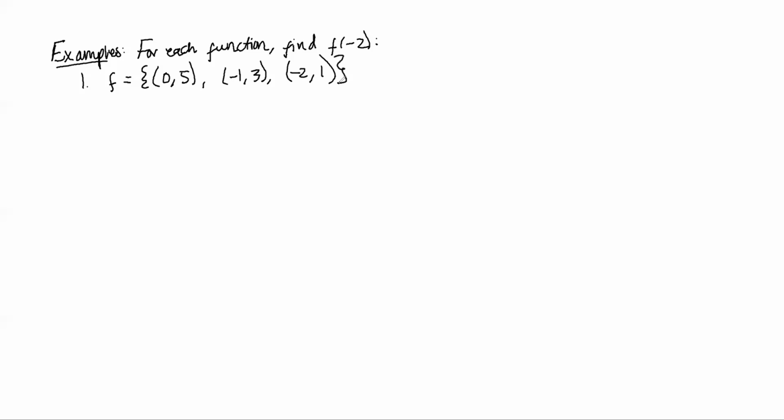So since we are looking for f of -2, remember that our normal function notation is f of x. So that -2 is replacing x. And so what we want to do is find where the x is -2. And so our x coordinates are the first guys. And so our x is -2 here.